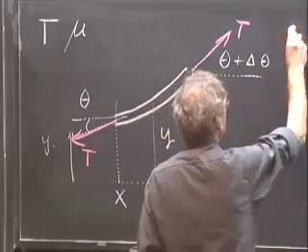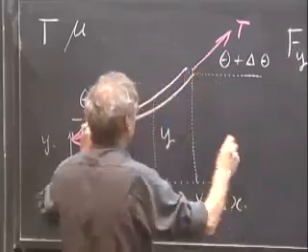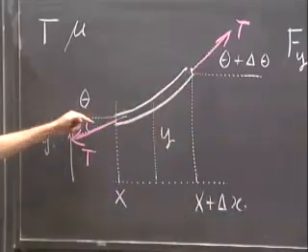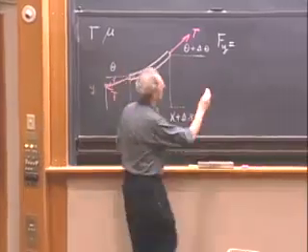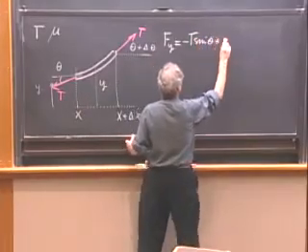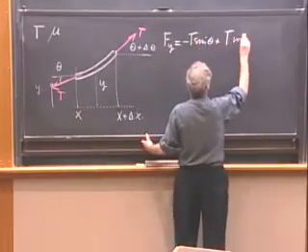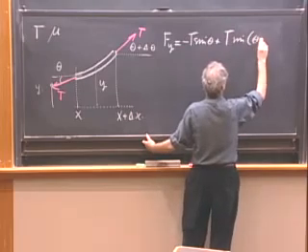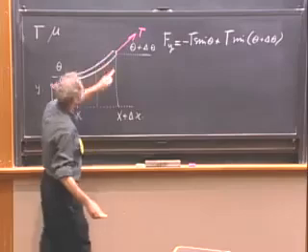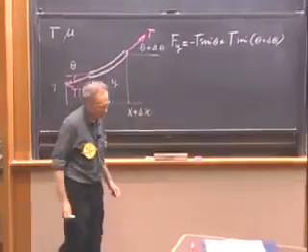So I will concentrate exclusively on the motion in this direction, which drives it back to equilibrium. And so F of y on this segment is then minus T sine theta, because this component is down, minus T sine theta plus T sine theta plus delta theta, because this component in the y direction is driving it away from equilibrium.